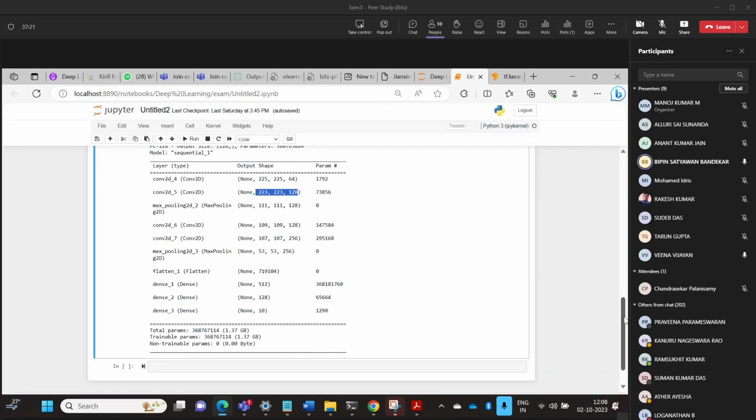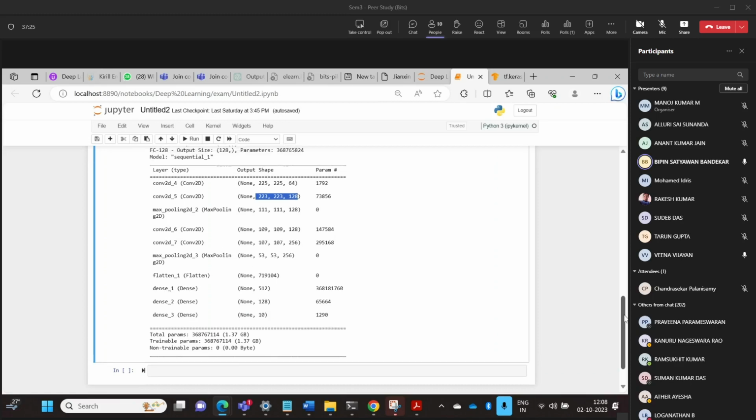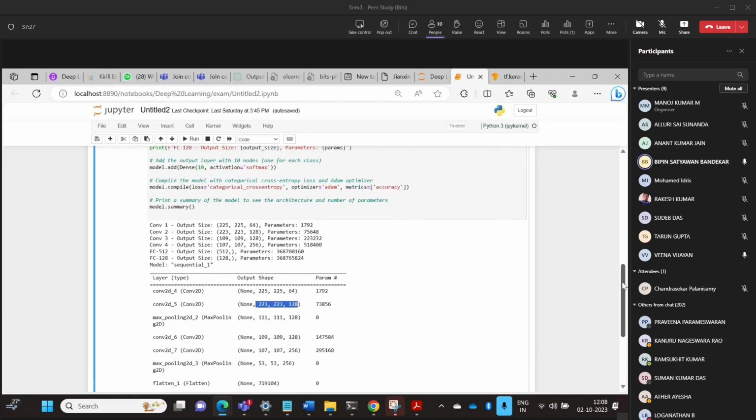And then max pooling with a stride of 2 must be, right? So it is reducing it to half.